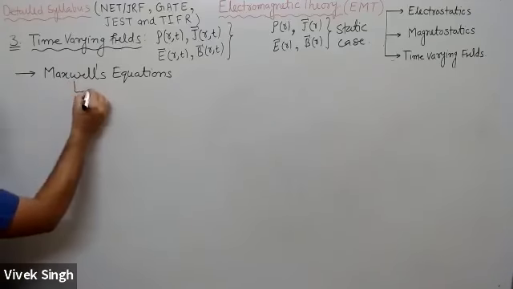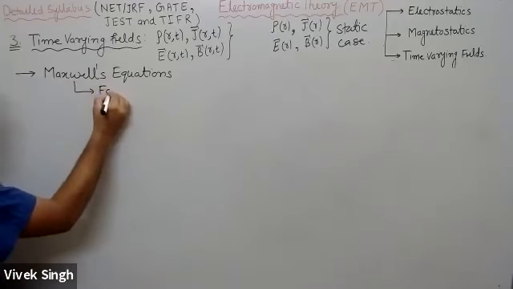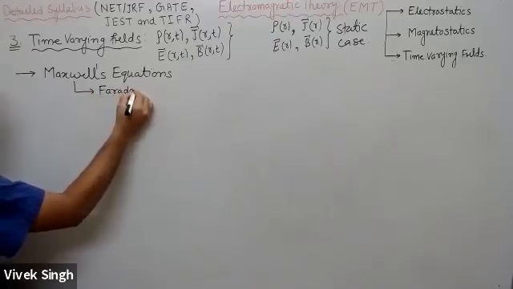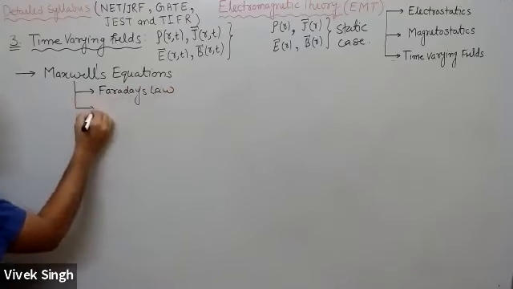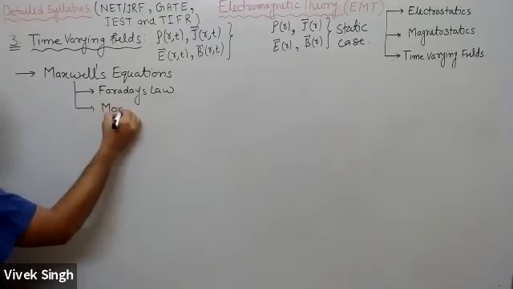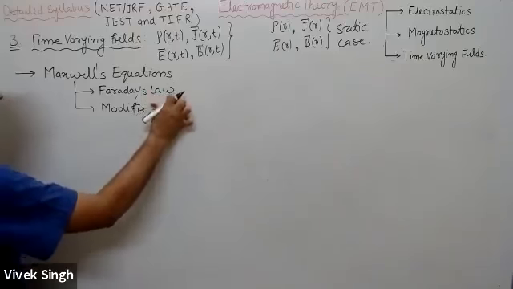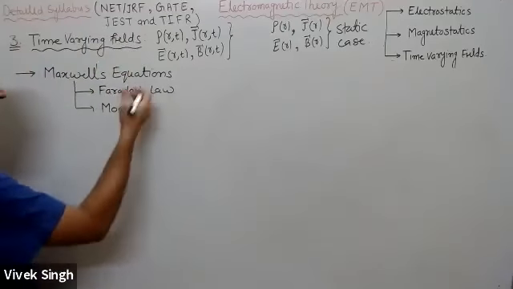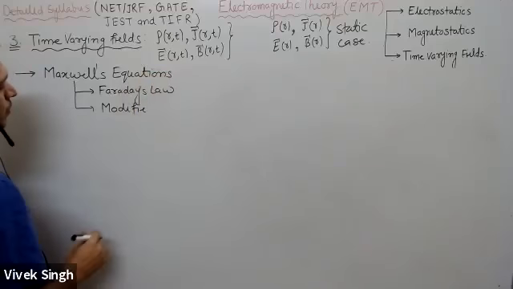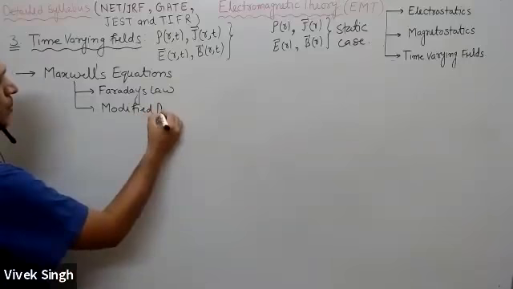You have four equations, but we will mainly talk about Faraday's law and modified Ampere's law. You will see first two equations are the same as those we discuss in static case. So we will get two new equations, one from Faraday's law and another from modified Ampere's law.